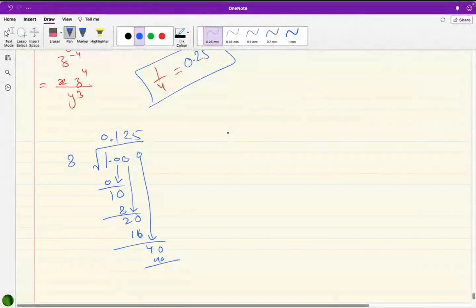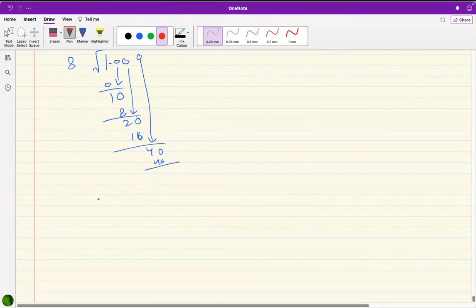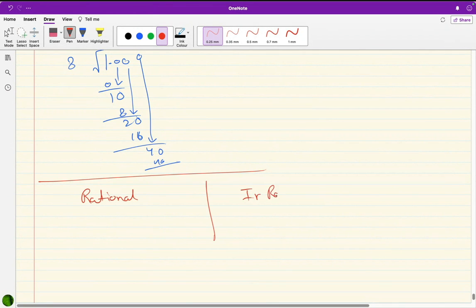To the exercise. Let's discuss few numbers. Rational and irrational numbers. Do you remember the difference?